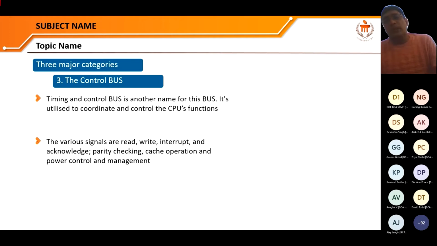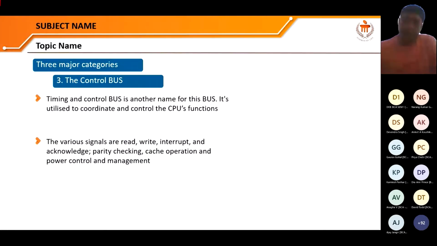It can perform tasks in many ways, like SJF (shortest job first), FCFS (first come first serve), and round robin. These are mechanisms by which a CPU can work in different processing. So how to manage the read, the write, and the interrupt operations, these things are managed by the control buses.